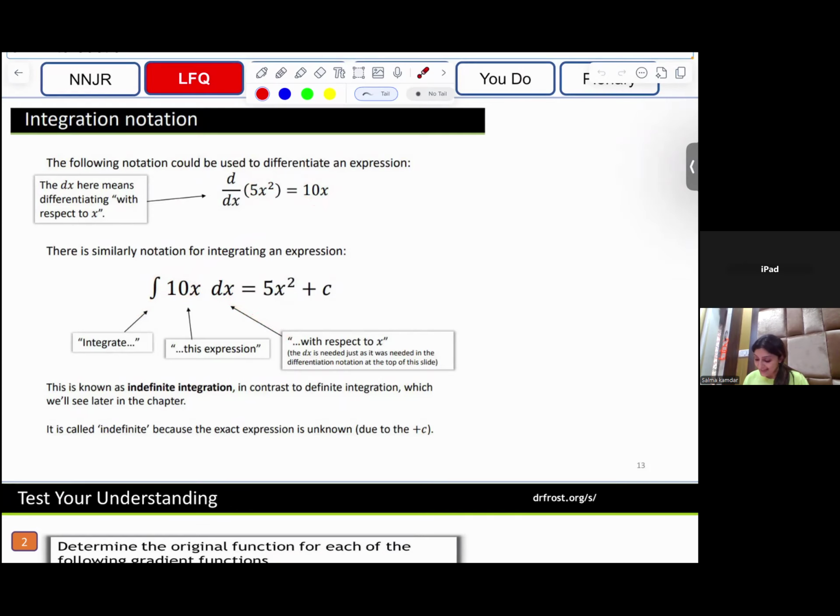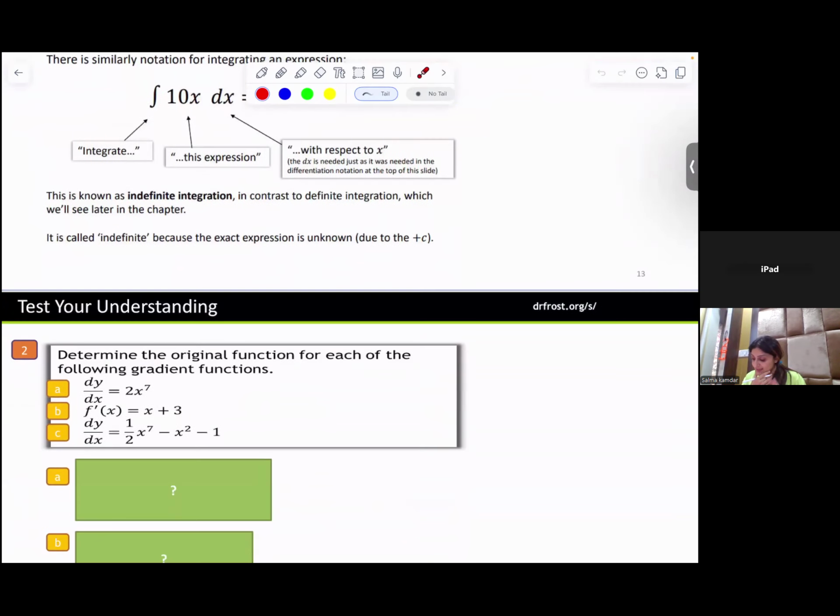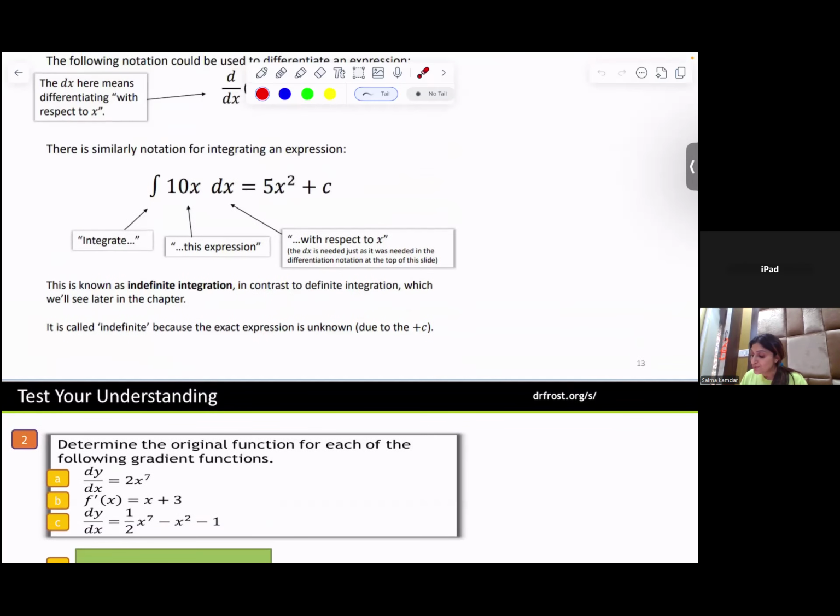This is called an indefinite integration because there are no limits over here. The exact expression is not known to us and we add a plus c.